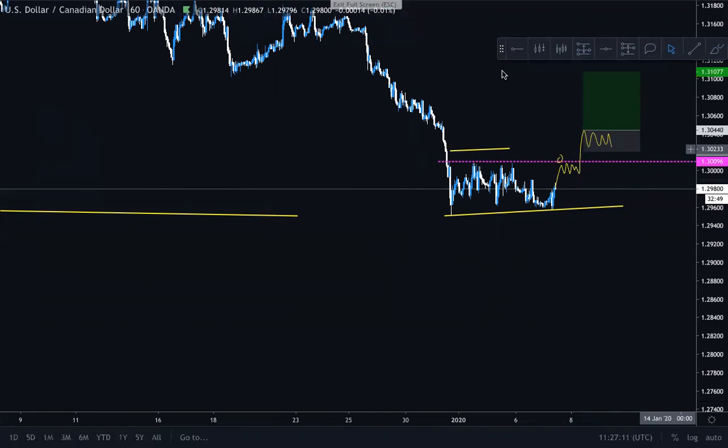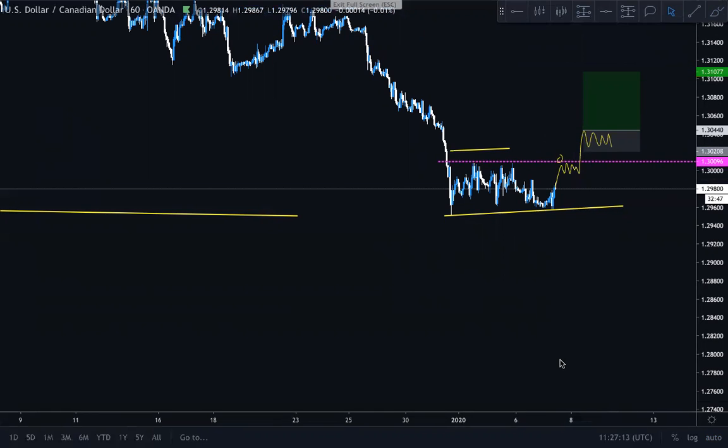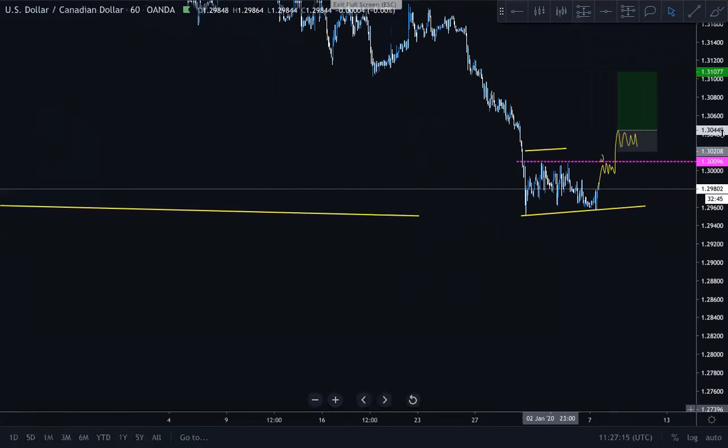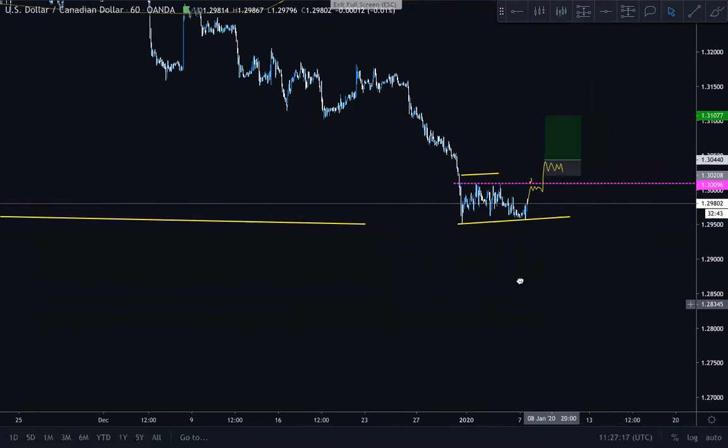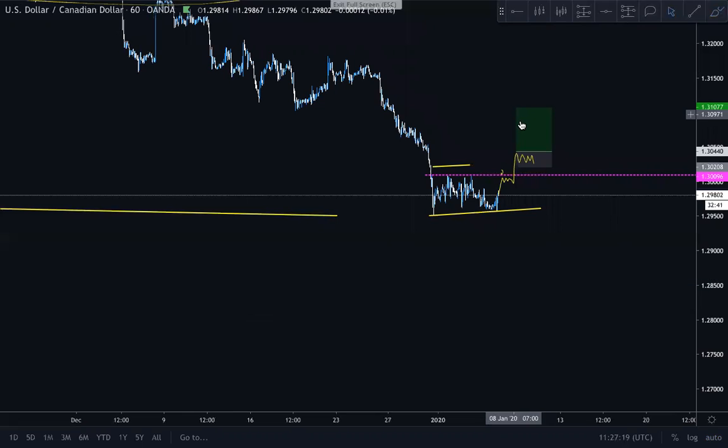So I'm just going to screenshot this just to save it. That's a possibility. We could also push higher more correctively. All right. And then a nice retrace candle.